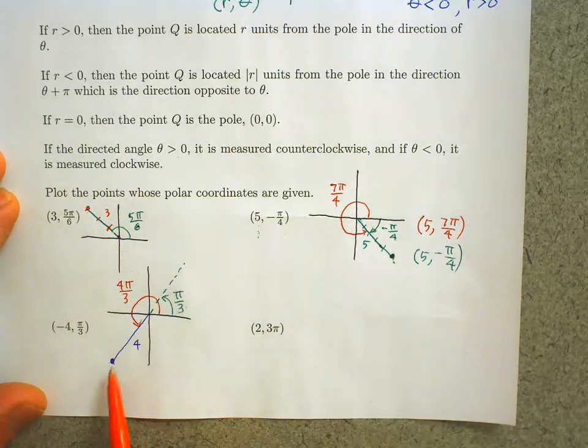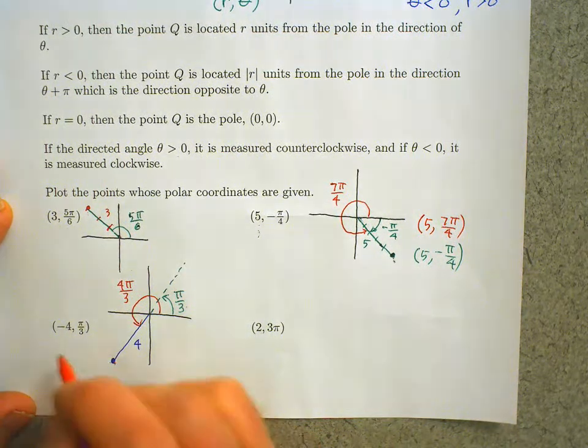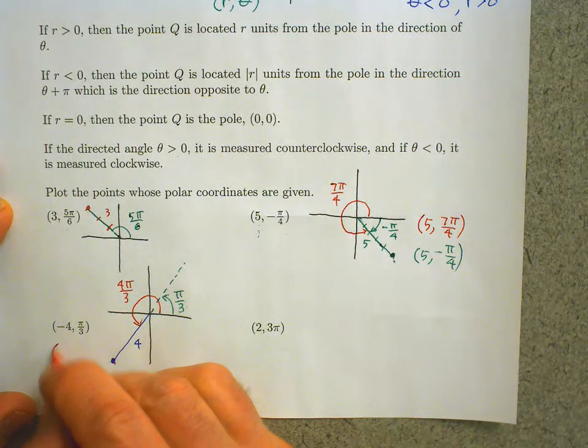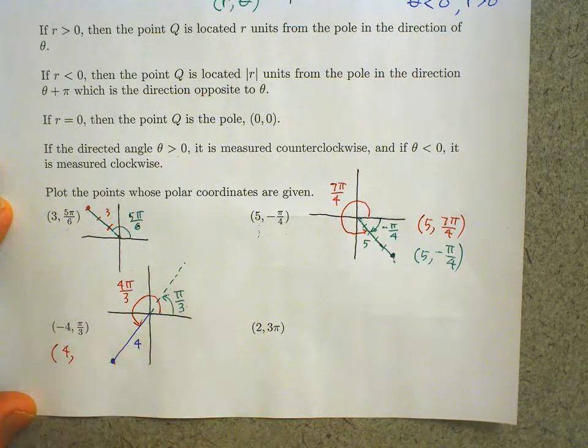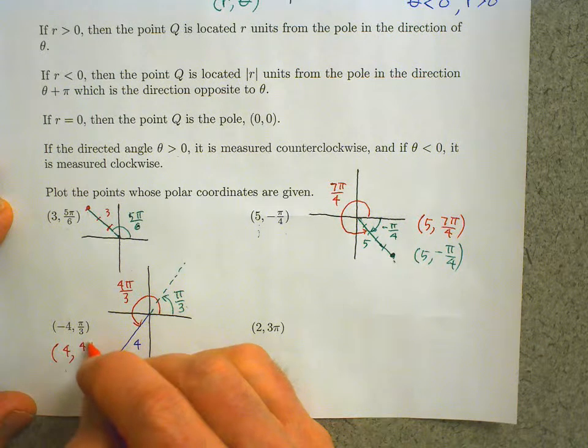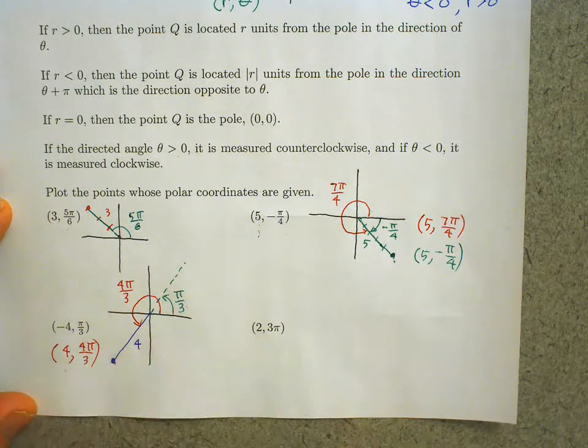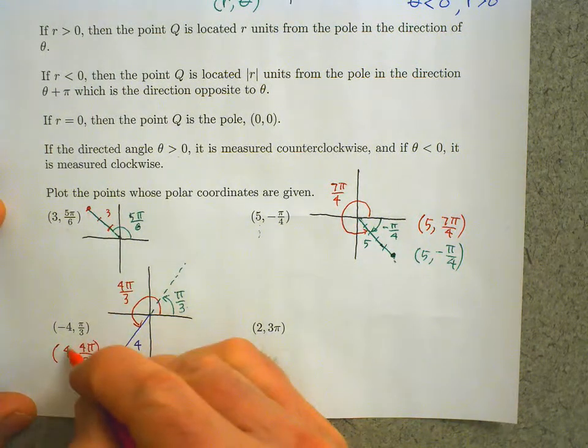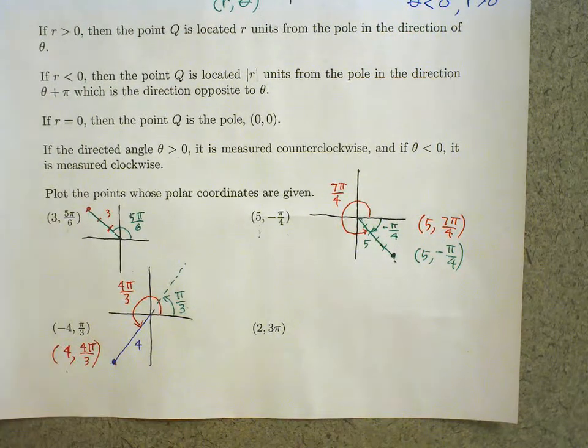And we can represent this point with the polar coordinates positive 4 for r and 4 pi over 3 for the angle. Either way is acceptable.